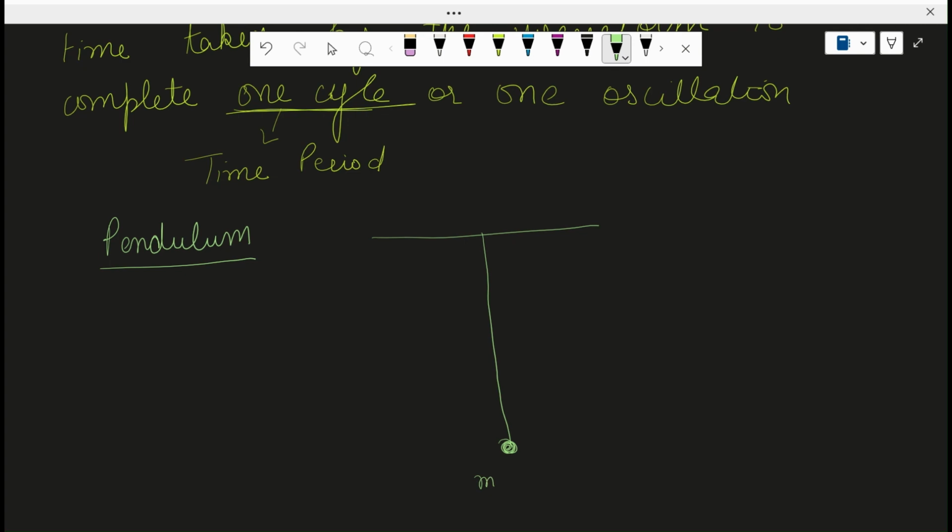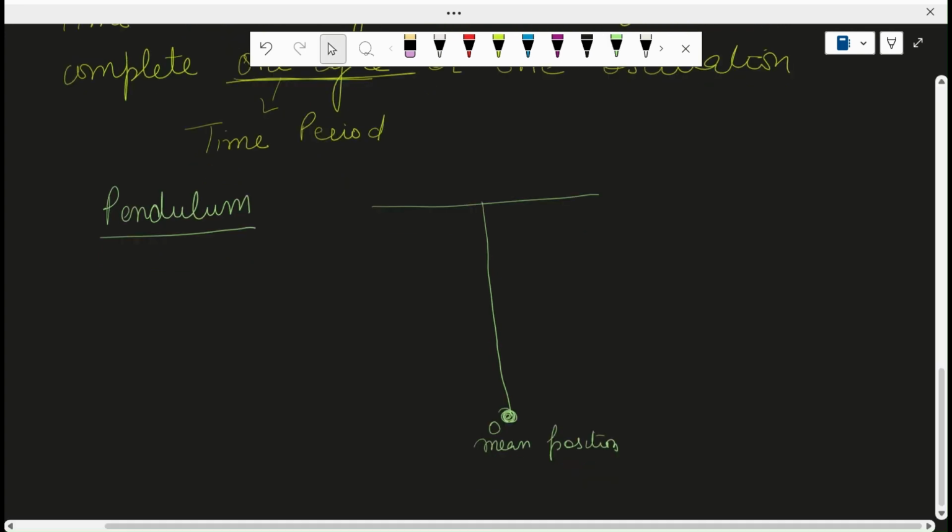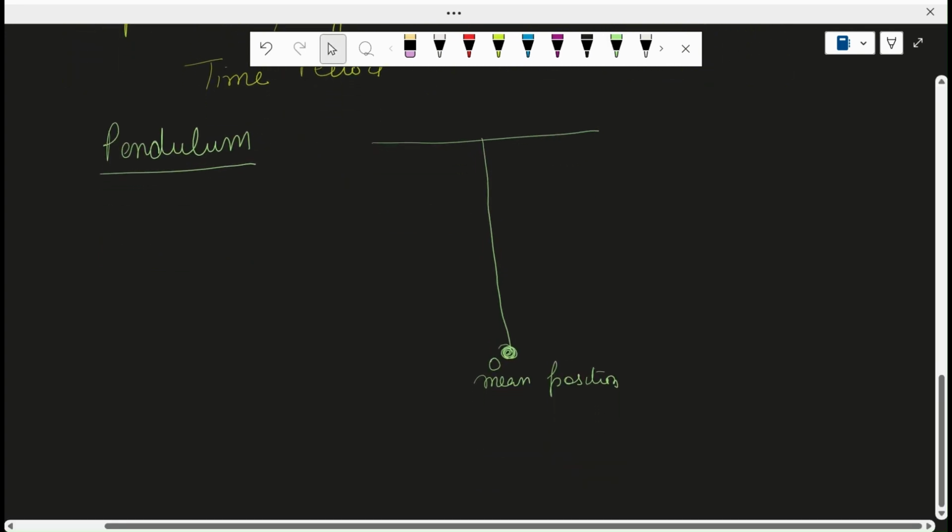Let this be the mean position of the pendulum. Let us denote it by O, right? And what is the path followed by the pendulum? That is a to and fro motion or a periodic motion.